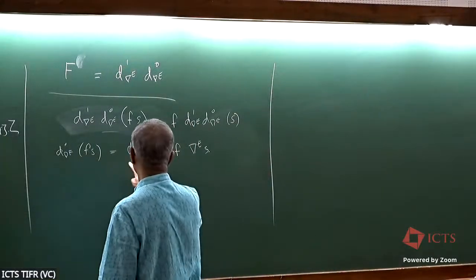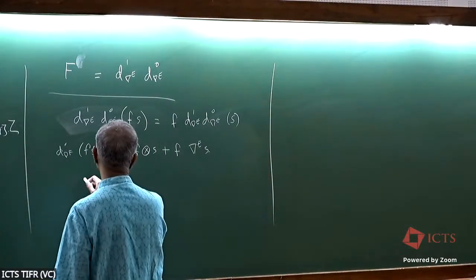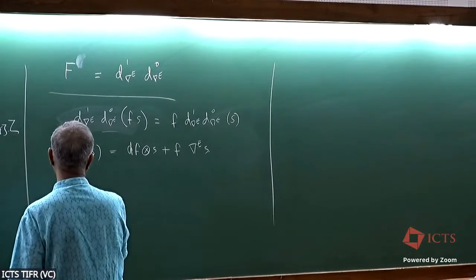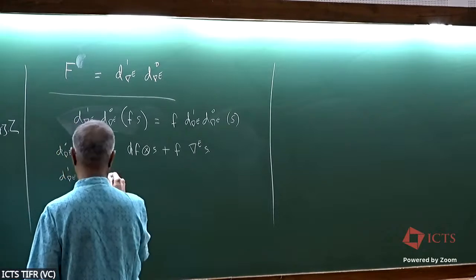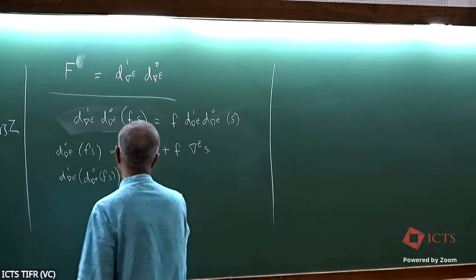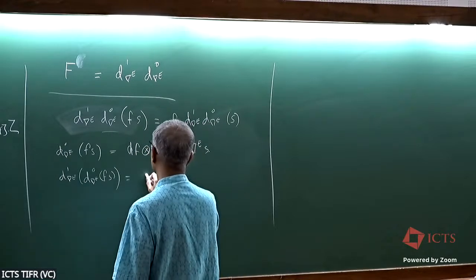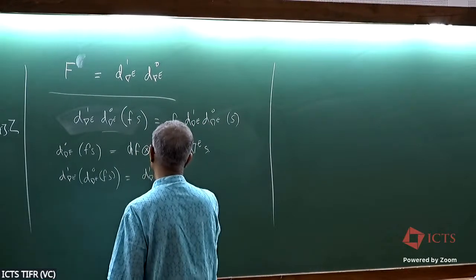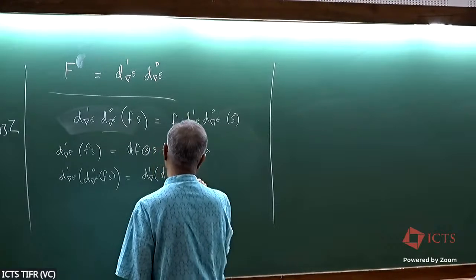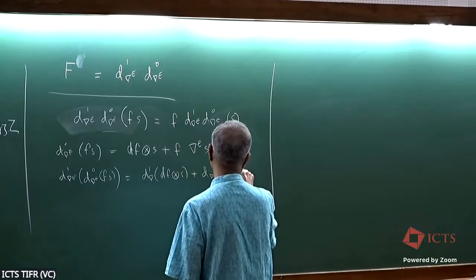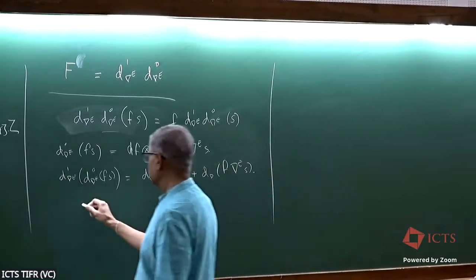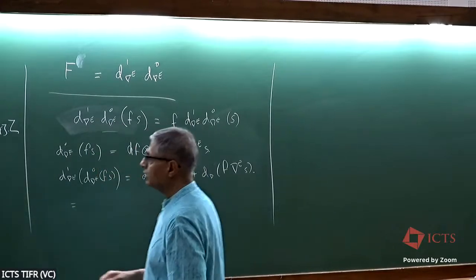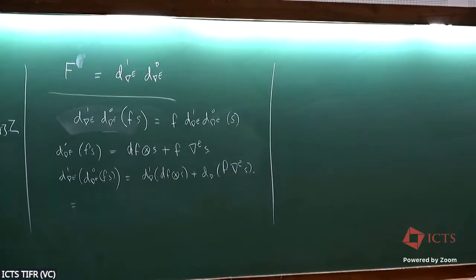So d nabla of fs is that, and let's do one more d nabla of that. So that's d nabla of this plus d nabla of that, just using the definition, the Leibniz property. By the way, one can show that this Palais-style definition satisfies the required properties.